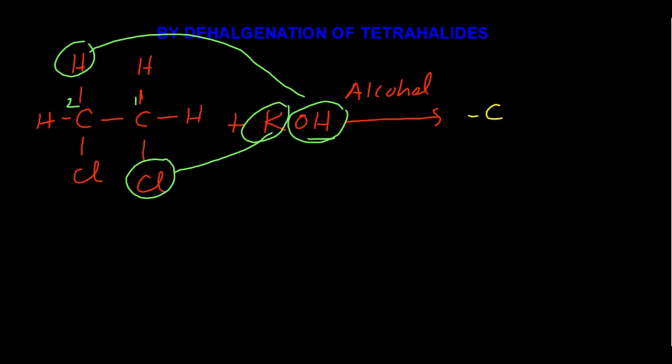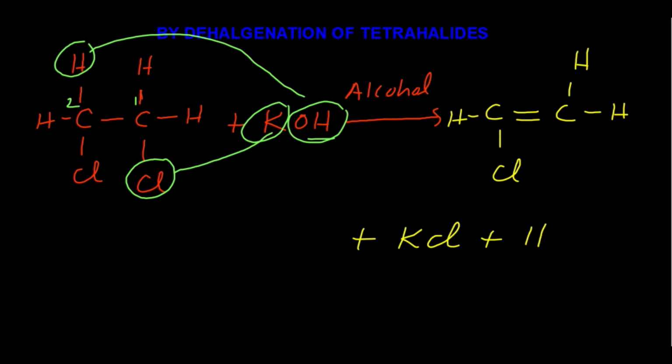After the reaction, we get the first double bond between two carbon atoms. Chlorine is attached to this carbon, and here we have the double bond between the carbon atoms. With this carbon, two hydrogen atoms are attached. Besides this, the other compounds formed are potassium chloride as well as water.